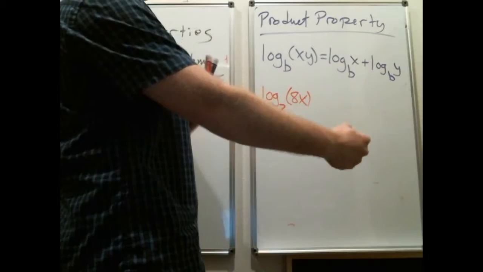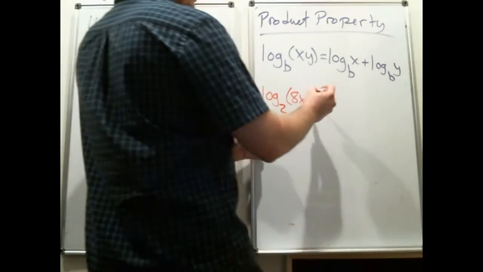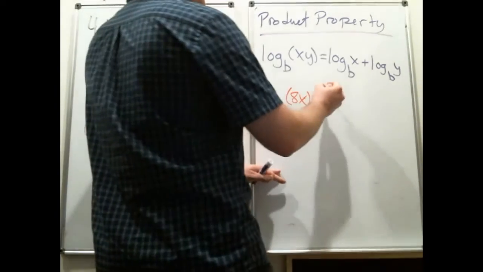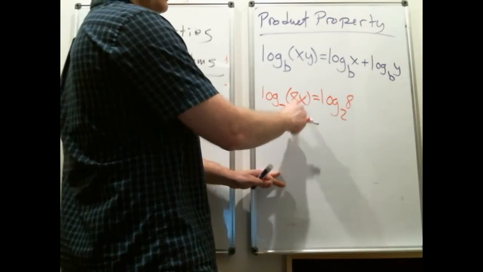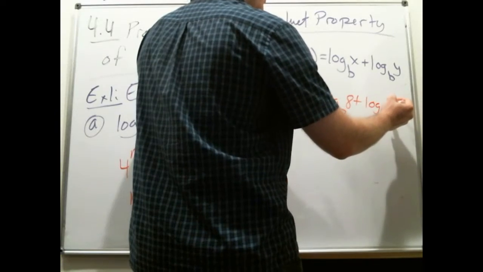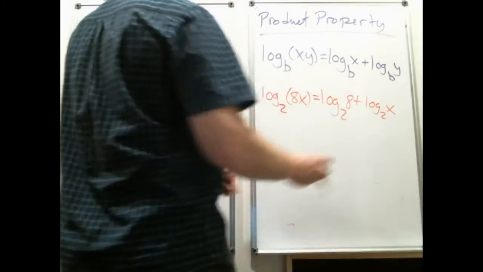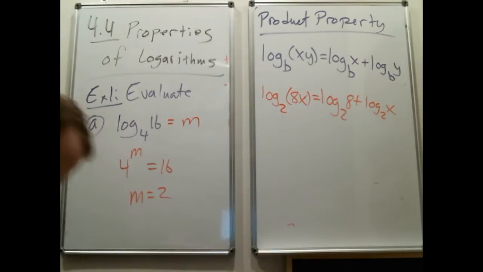That means you're going to separate them and add. So here we're multiplying 8 and x, so we'll break those into two different logs. So you have log base 2 of 8, your first one, plus log base 2 of x. And so that's our product property.